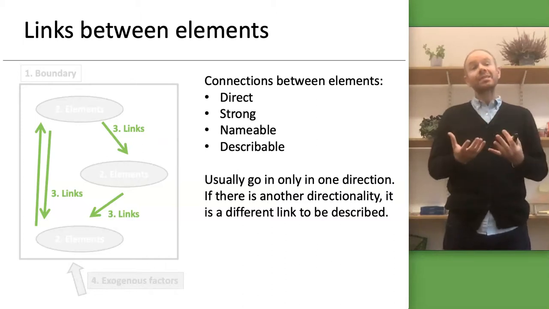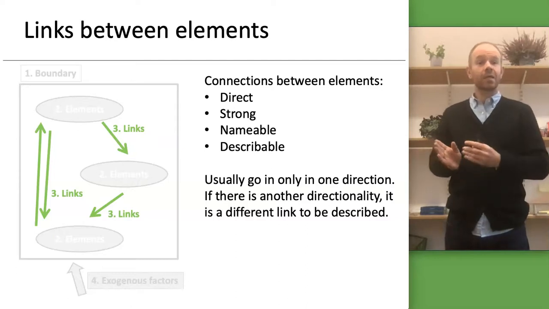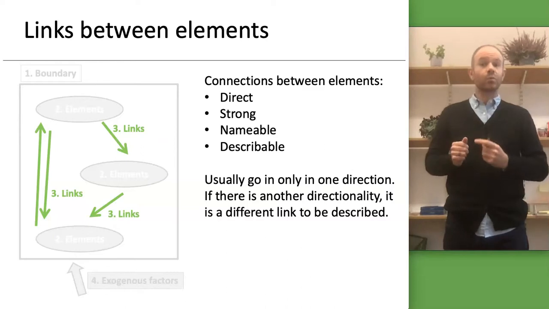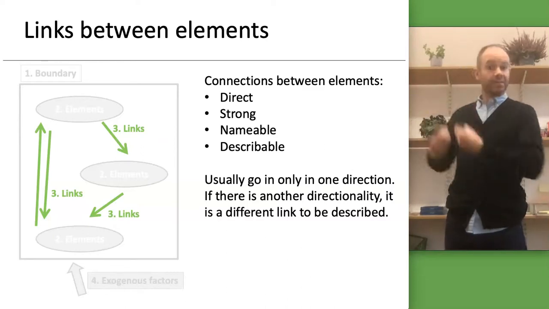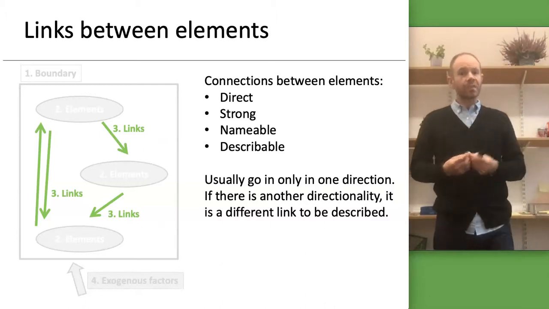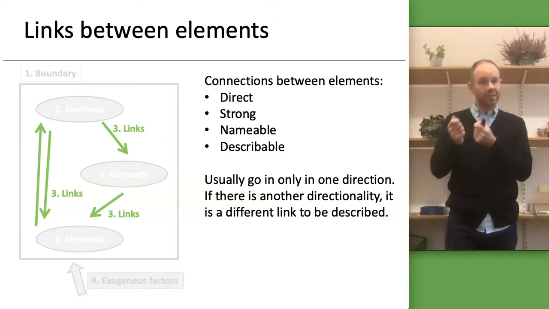Now, usually these links only go in one direction. That doesn't mean there aren't, as you can see on the left here, multi-directional links between some elements, right? With one element having an arrow that goes one way and the other element having an arrow that goes the other way. But if there's another directionality, it's a different link and it needs to be described.